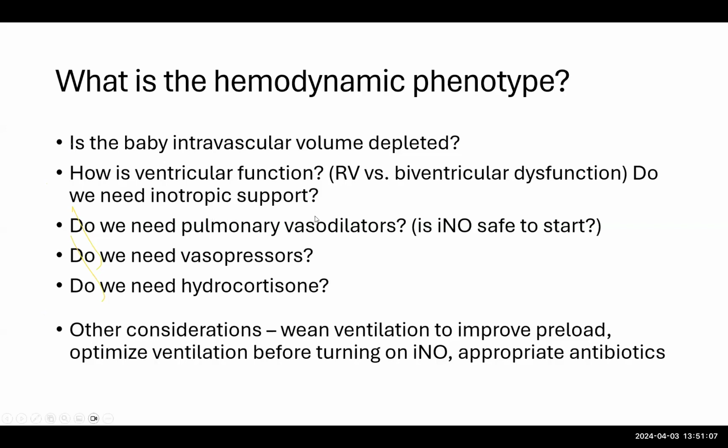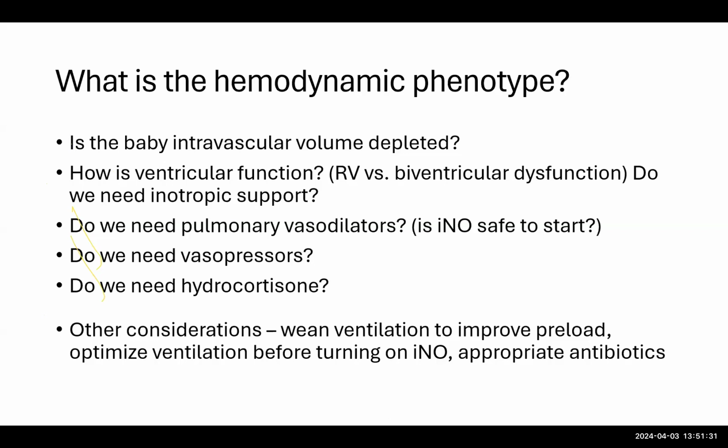If it is frank sepsis, if it's RV failure, or the RV has not failed yet but there's suprasystemic pulmonary pressure, do we need to use some pulmonary vasodilators such as nitric oxide? Do we need to start some vasopressors to help the vasomotor tone? Do we need to add on hydrocortisone?